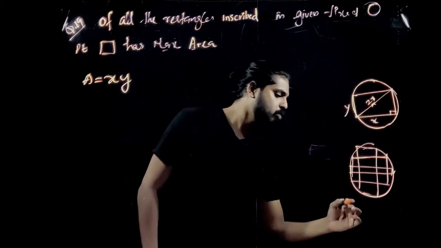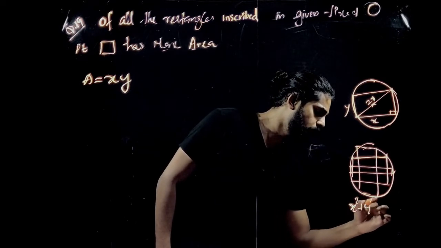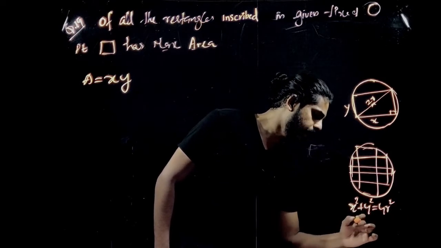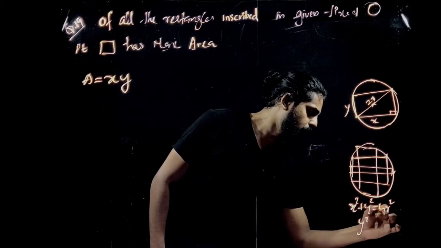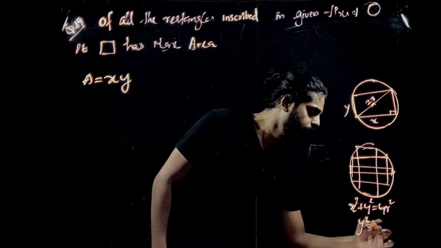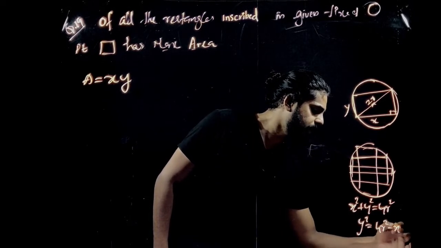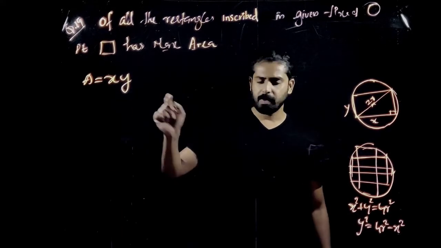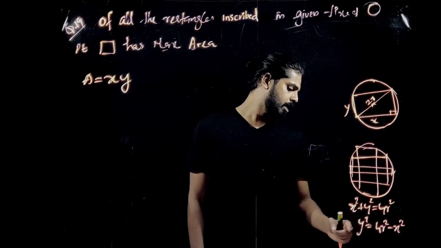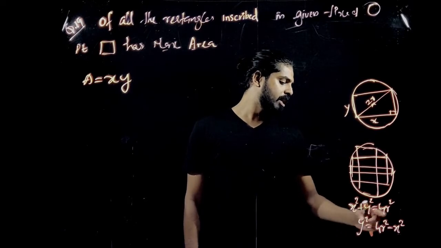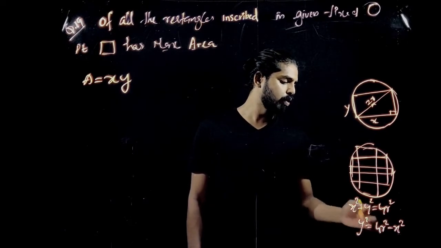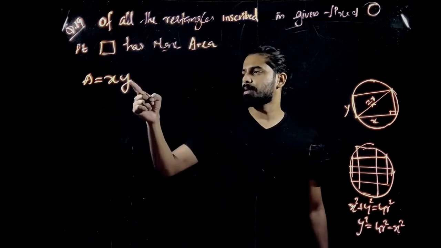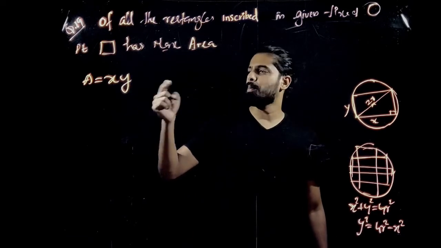Right? x square plus y square equal to 4r square. So y square equal to 4r square minus x square. So we can use this relation over here. If you wish, you can write y is equal to square root of 4r square minus x square, and we can substitute here.